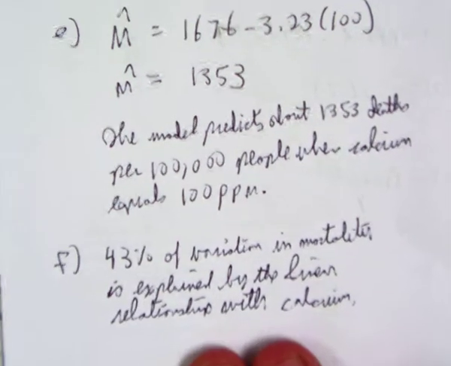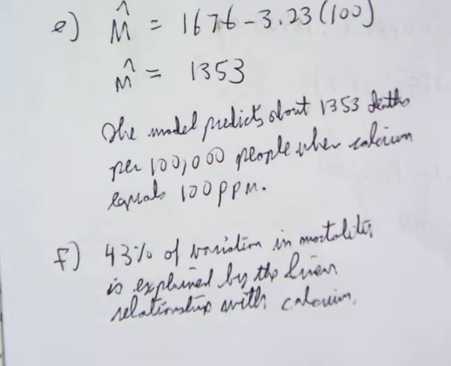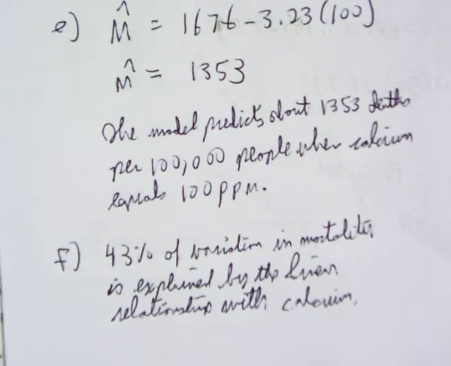That means 57% is due to other factors. So it's not just how much calcium is in the water that determines when people die. There are obviously other factors there, and that's a reasonable conclusion.